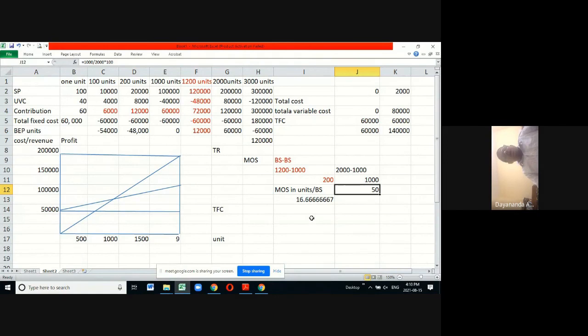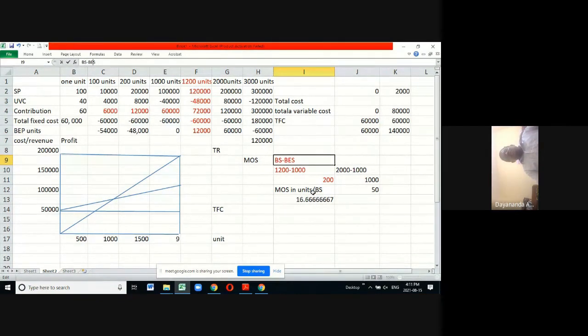I think you got the margin of safety. How do you calculate the margin of safety? As per our slides, budgeted sales minus break-even sales. Budgeted sales, break-even sales, and to make it meaningful, you can calculate a percentage. It's not in our slide presentation.